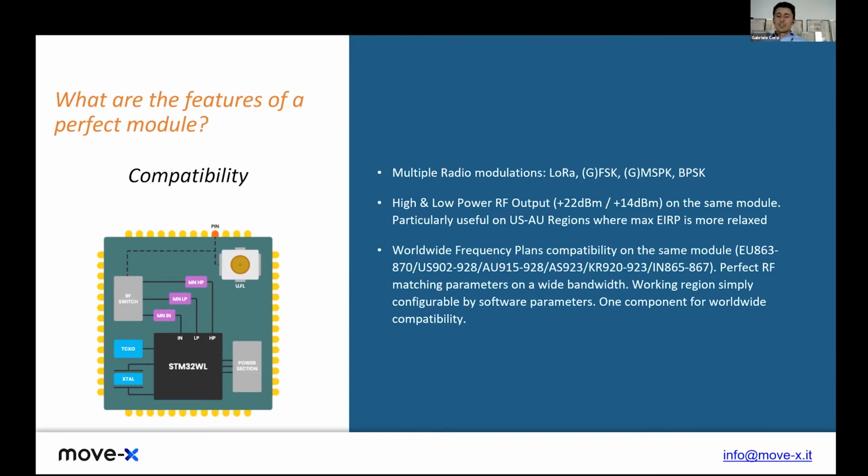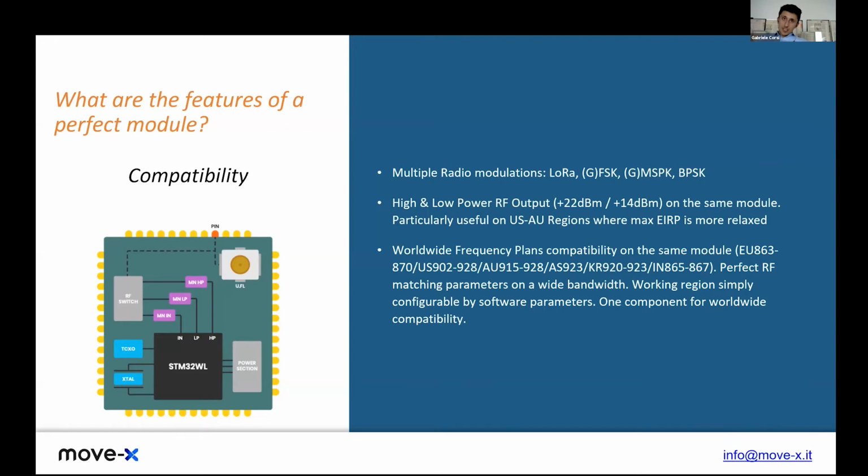But in countries like the US and Australia, where you can transmit up to 30 dBm, you will find this feature very useful, because it allows you to transmit at higher powers if you have to cover an even wider environment. So it is a very nice feature.